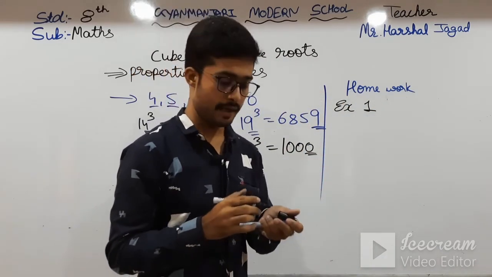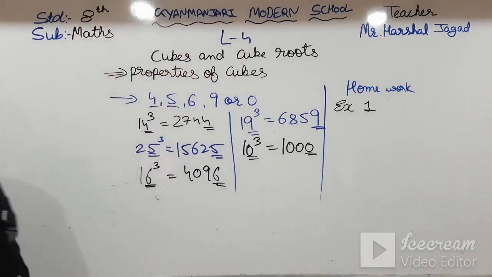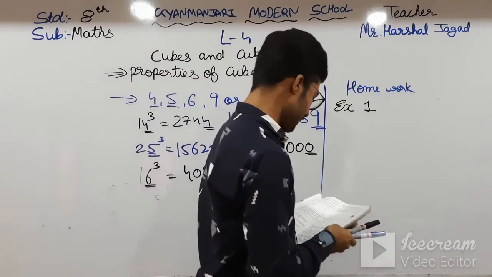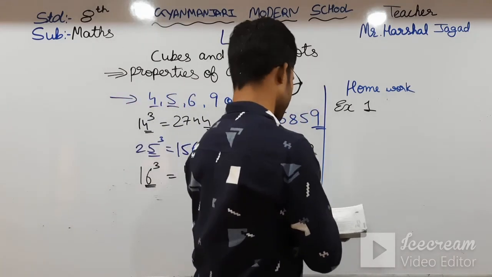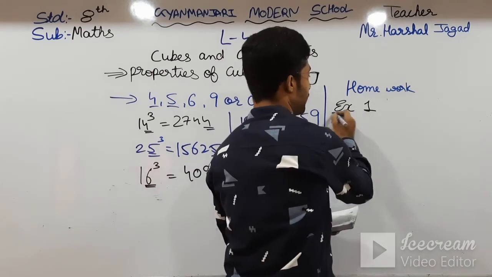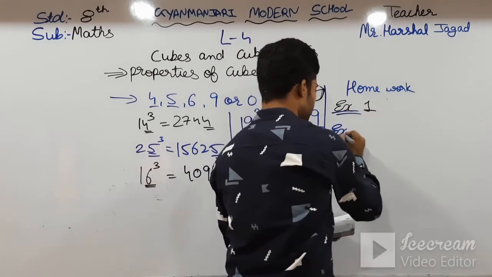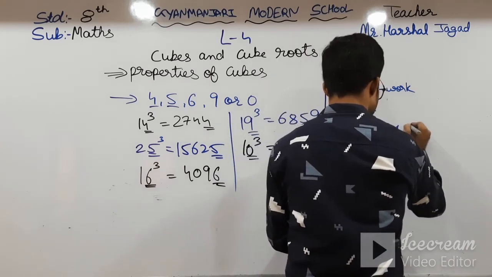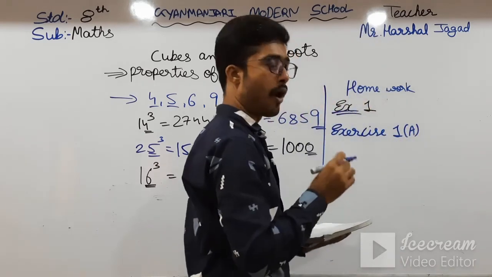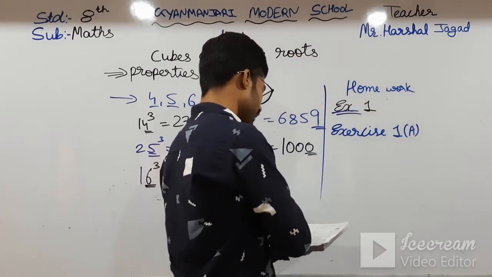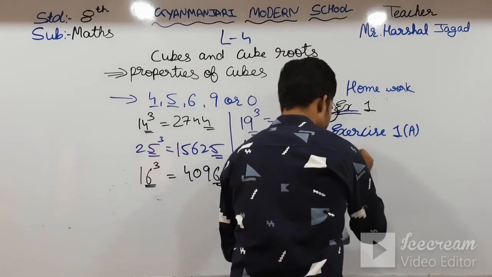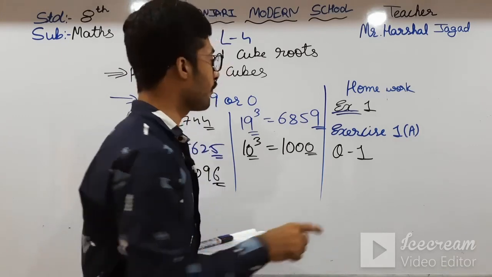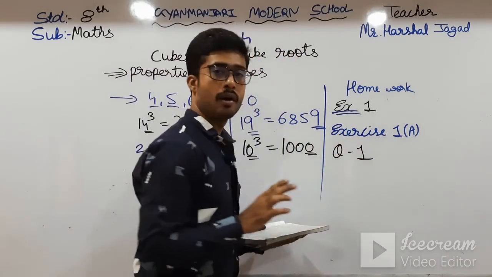Okay students, and also you have to do the exercise. Here it is example 1, and in exercise 1a, what you have to do? You have to write question 1. Okay students, you have to write question 1 of exercise 1a in your homework.